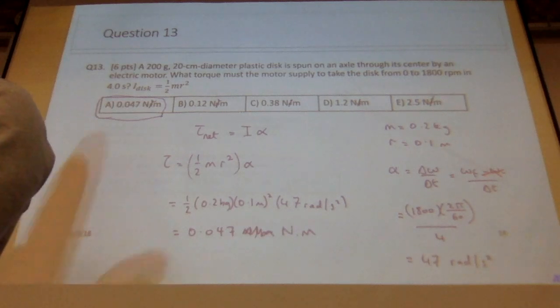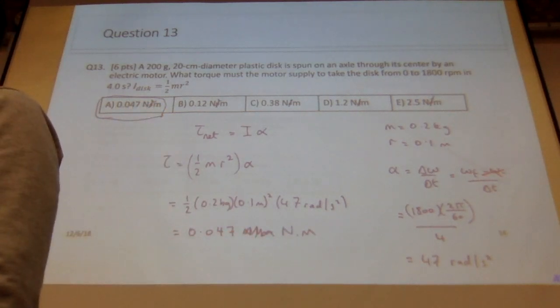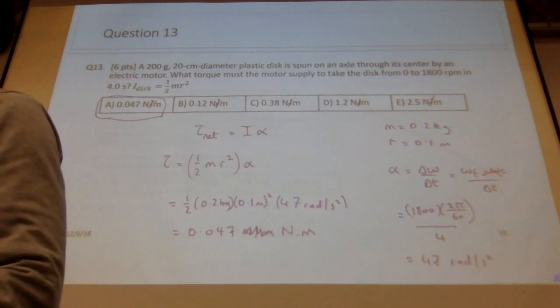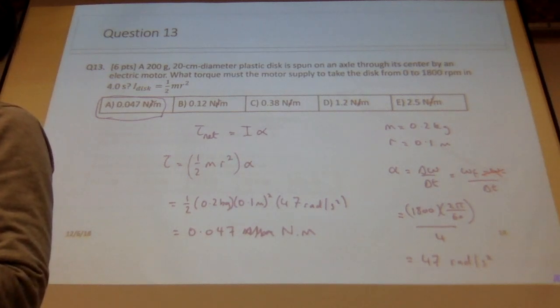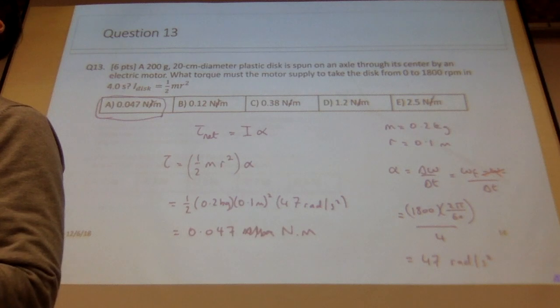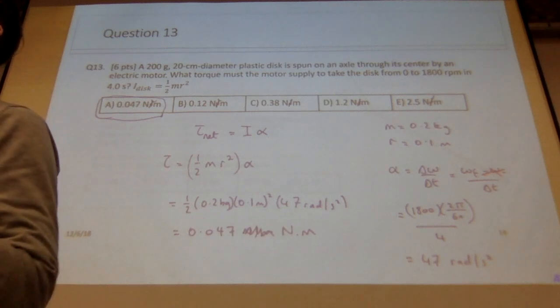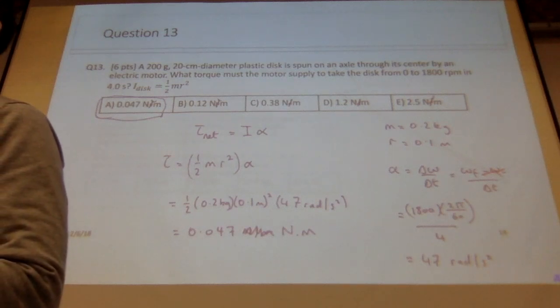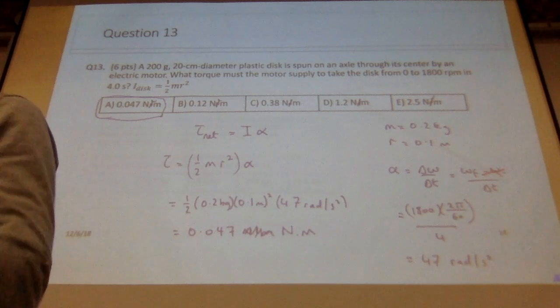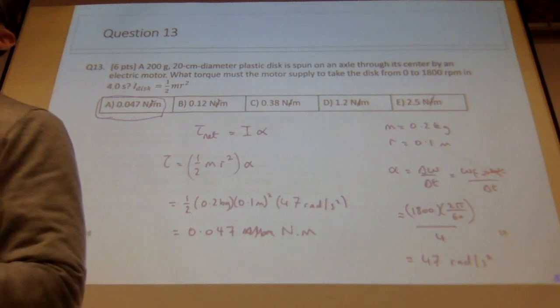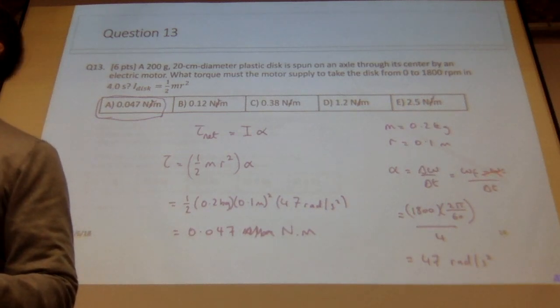So the I of a disk should immediately trigger I alpha. This is not an F perp or R perp question. This is a rotational dynamics problem where I want torque from I alpha, not from F dot R or F cross R. That's the next question. Okay.